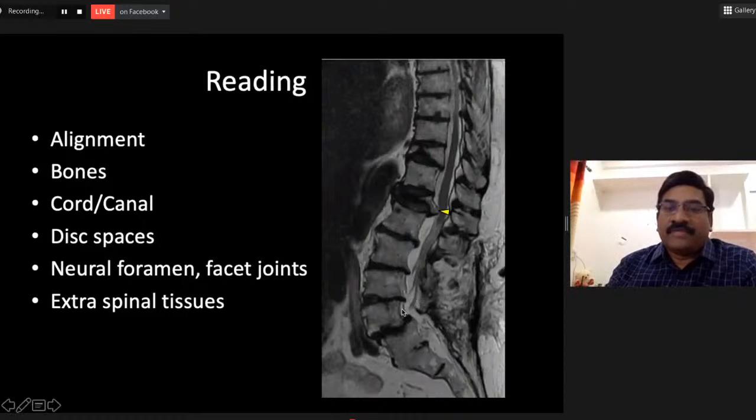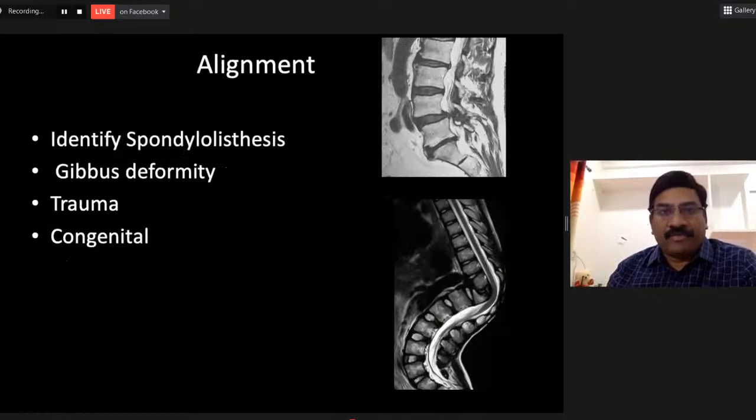There is an L5-S1 fusion and L4-5 listhesis that is mildly moved out. And bones, you can see that there are two compression fractures in two vertebrae, and the canal is stenotic here, and the disc spaces are degenerated, and a few of the discs are prolapsed. So a lot of anatomical features can be picked up quite nicely in the sagittal view.